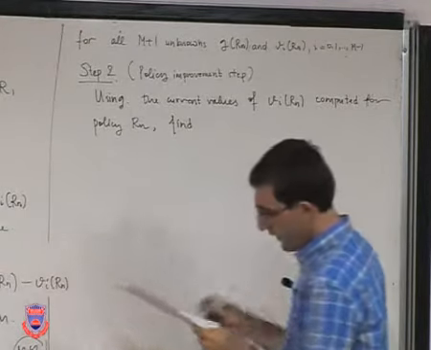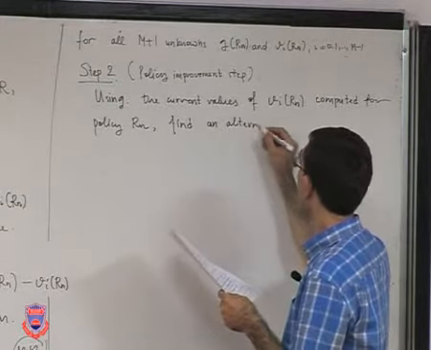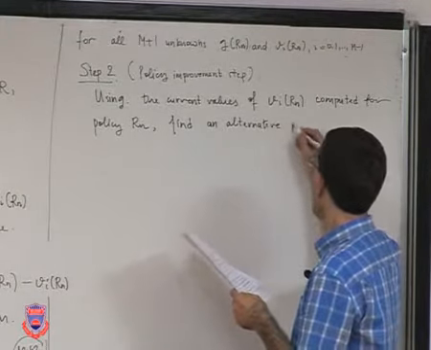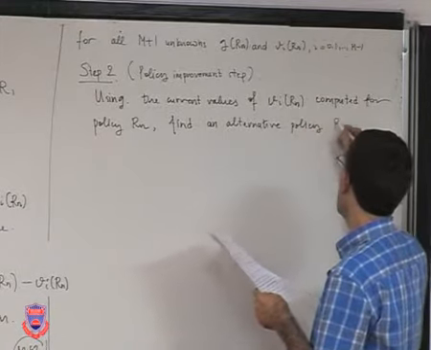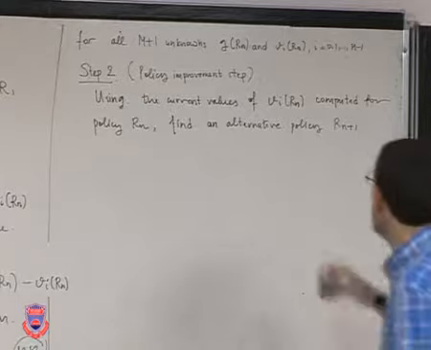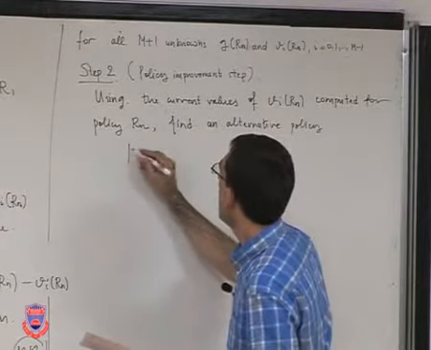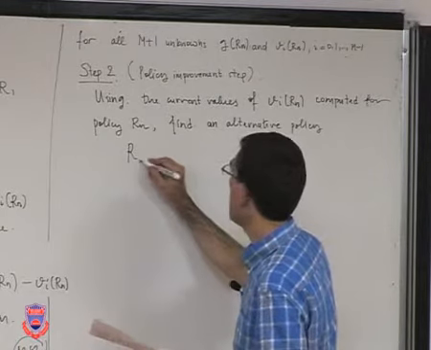Our task is to find an alternative policy Rn plus 1. Okay. Let me be more specific here.